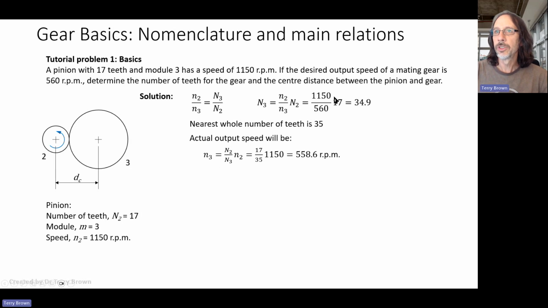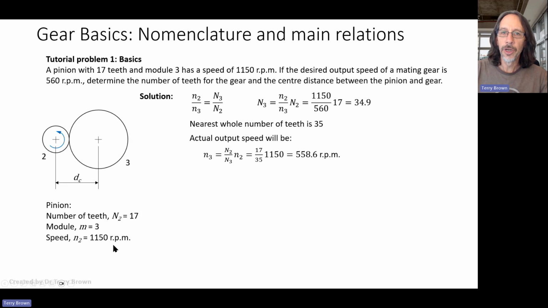We're not told any information about the diameters or the size of these gears. What we are told is the module, and the module is what we use in the metric system to define the size of the gear teeth.